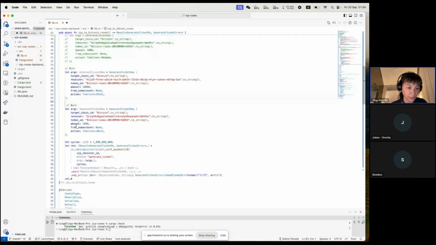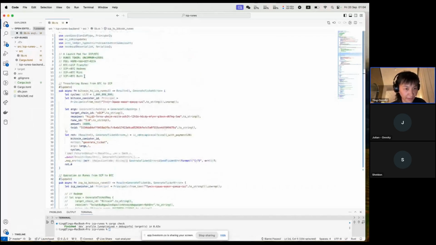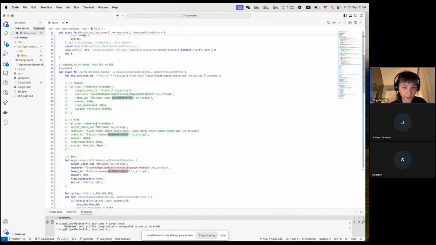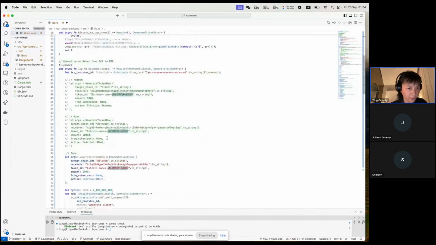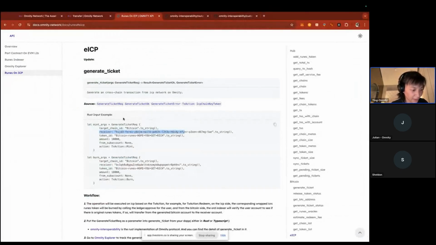And again, let me comment out this. So it will be burning the uncommon good token from the ICP side. And so again, you can use the generate ticket API here, and the process is similar to the redeem action I just talked about.